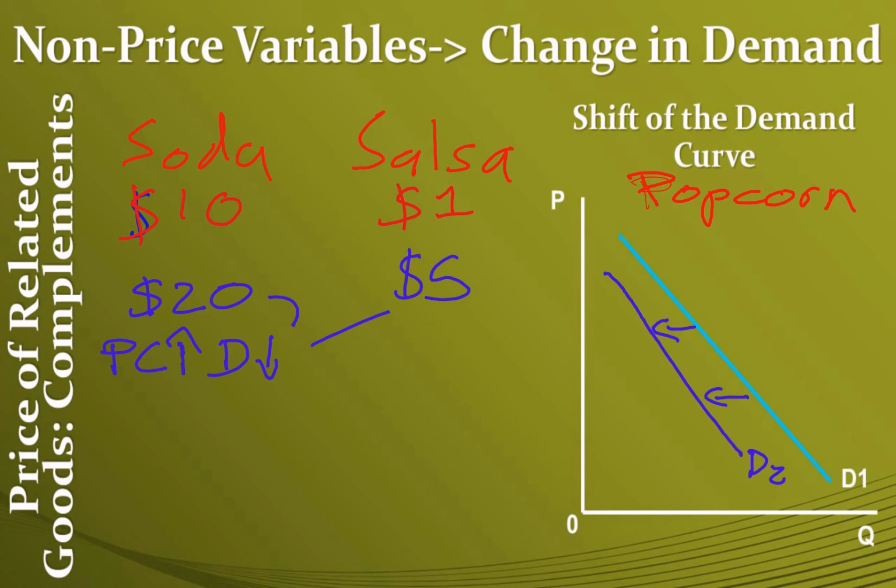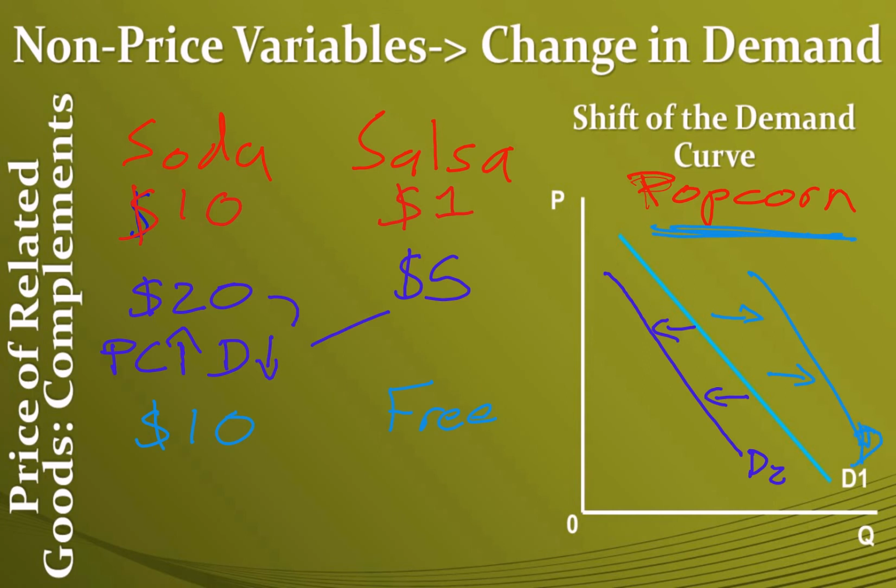And in the opposite case, if the price of a complement were to go down, for example, sodas are 5 pesos instead of 10 pesos, and salsa is for free, which is 0, what will happen is that demand for popcorn, remember, always my original product, will increase.